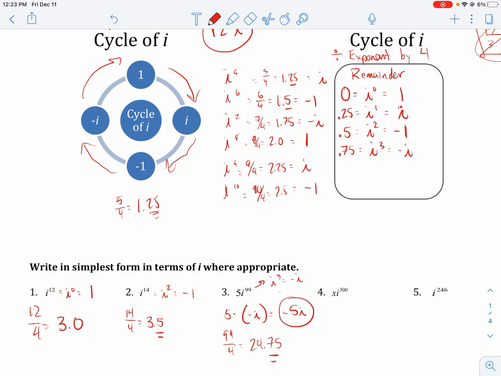Same process over here, except we're just left with an x. So x times what? Well, 300 divided by 4. I think that equals 75. Cool. 75 with a remainder of 0. Okay, so i to the 300 is just i to the 0th power, which is just a 1. So we get x times 1, which is just x.